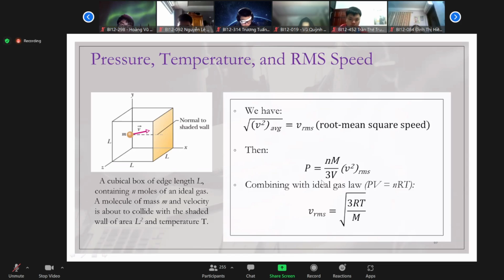But how to find this one, I have to show you that we base totally on the kinetics, on the mechanics, on the movements of the molecules to establish the relationship between the pressure and the speed. Các bạn chỉ cần nhớ cái formula này thôi. Tuy nhiên là tôi vẫn phải chứng minh cho các bạn là cái formula này nó từ đâu ra. And you remember the expression of the root mean square speed.